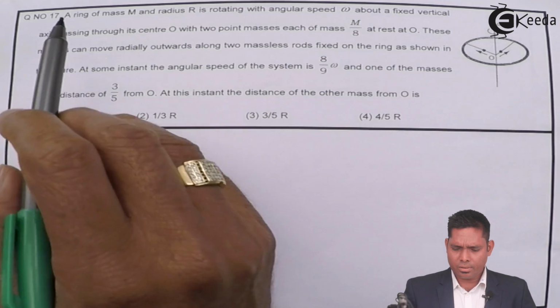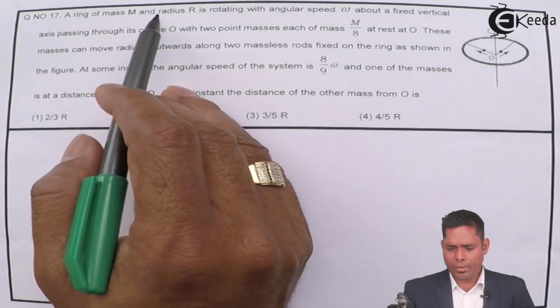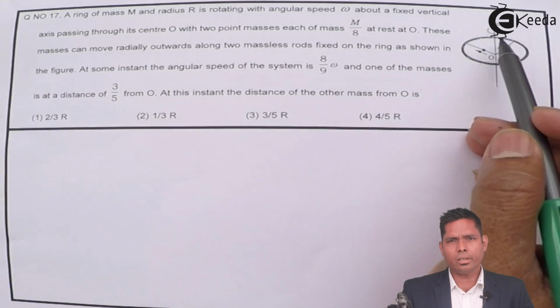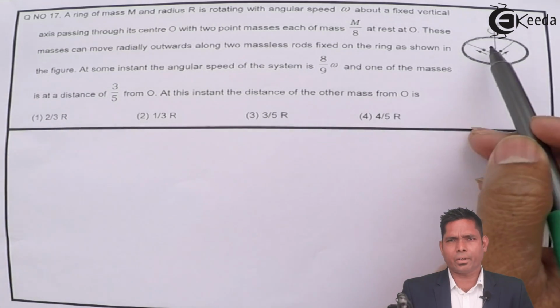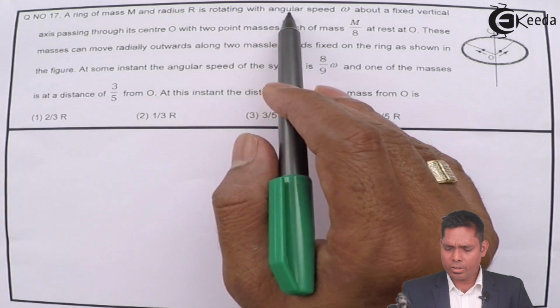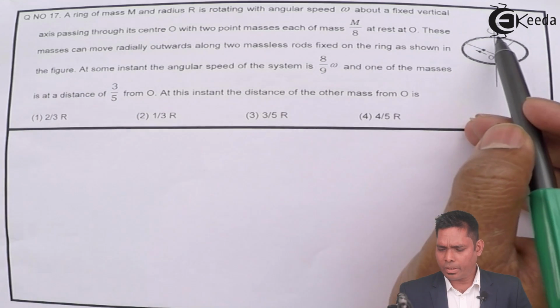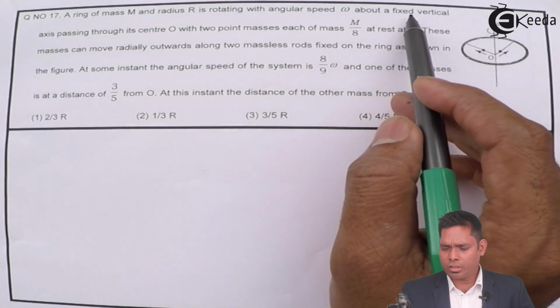The question is: a ring of mass m and radius r is rotating with angular speed omega about a fixed vertical axis.